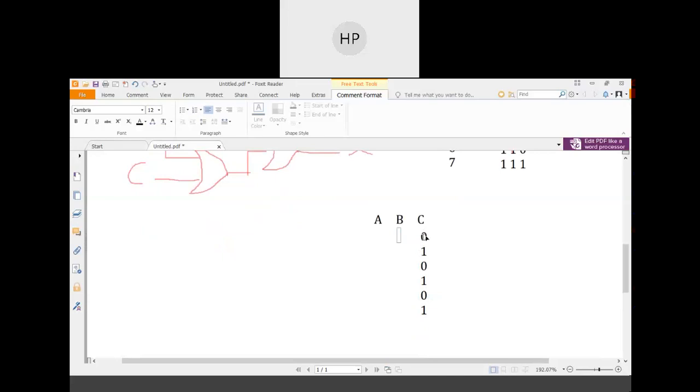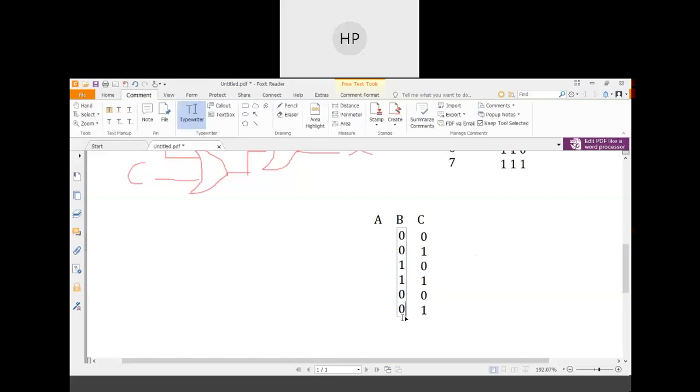For input B, whatever values you wrote for column C become doubled: 0, 0, 1, 1, again 0, 0.